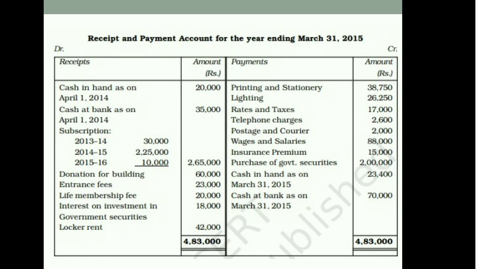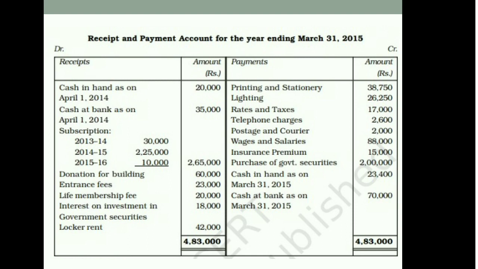How will we understand that this is the opening balance and this is the closing balance? For that we just have to check the date. For the opening cash in hand, just see the date, 1st April 2014, and the last one is 31st March 2015. So of these two dates, which is the preceding date?